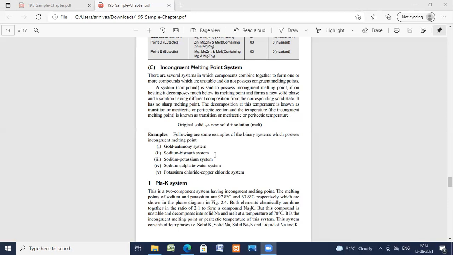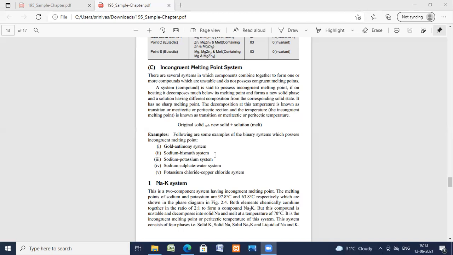Here, I'm repeating: gold antimony system, sodium bismuth system, sodium potassium system, sodium sulfate water system, potassium chloride and copper chloride system.